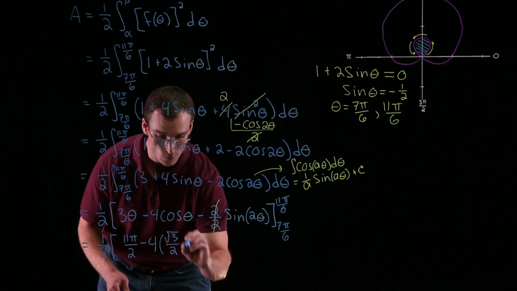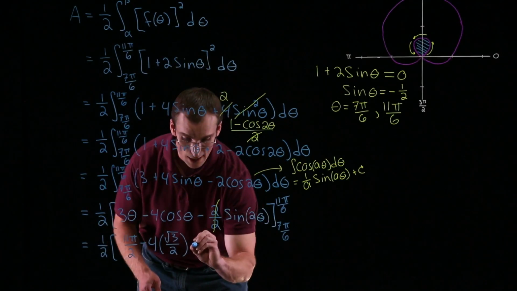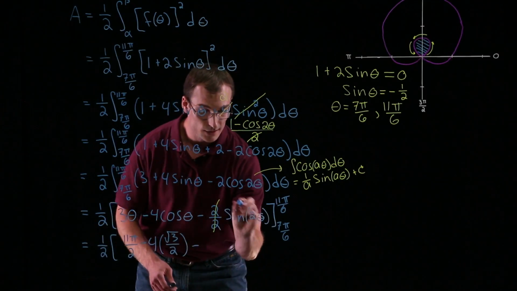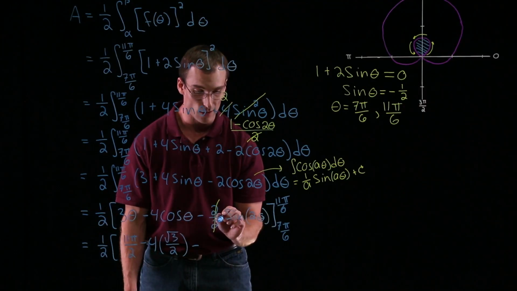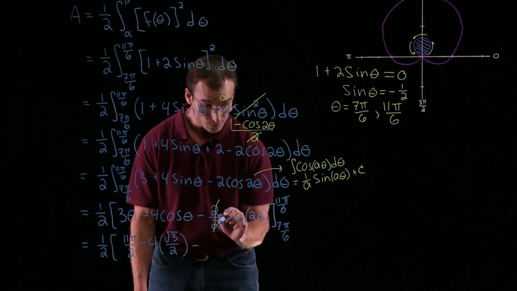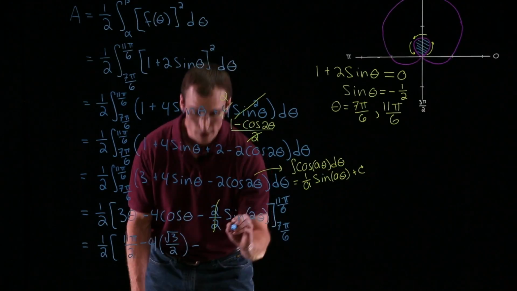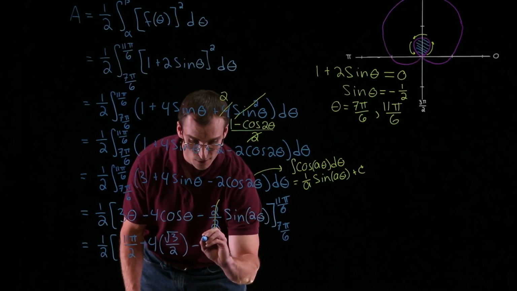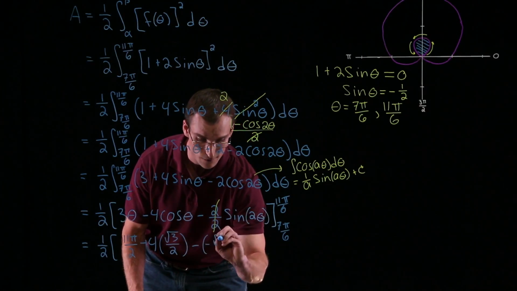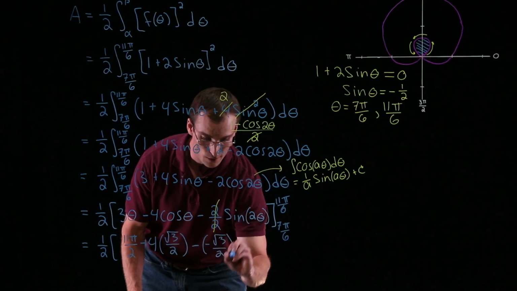Well, that's root 3 over 2. And then minus sine of 2 times 11 pi over 6, or sine of 11 pi over 3, would be minus, say, negative root 3 over 2.